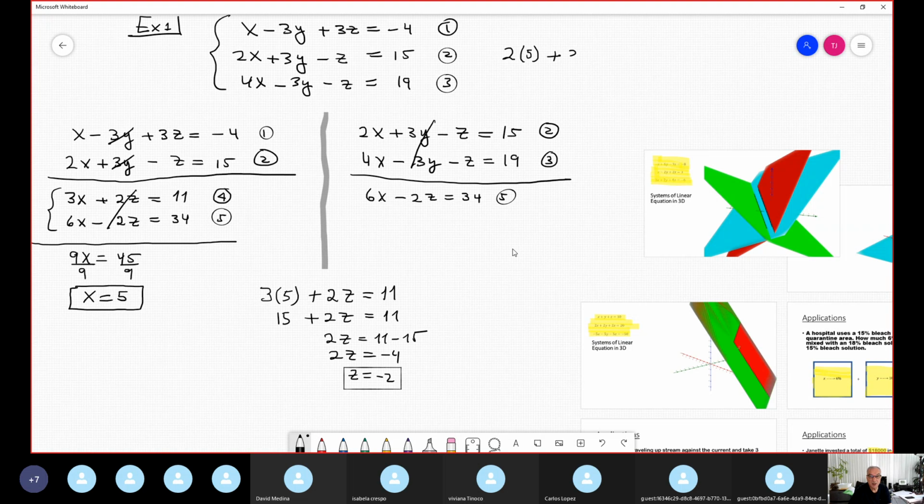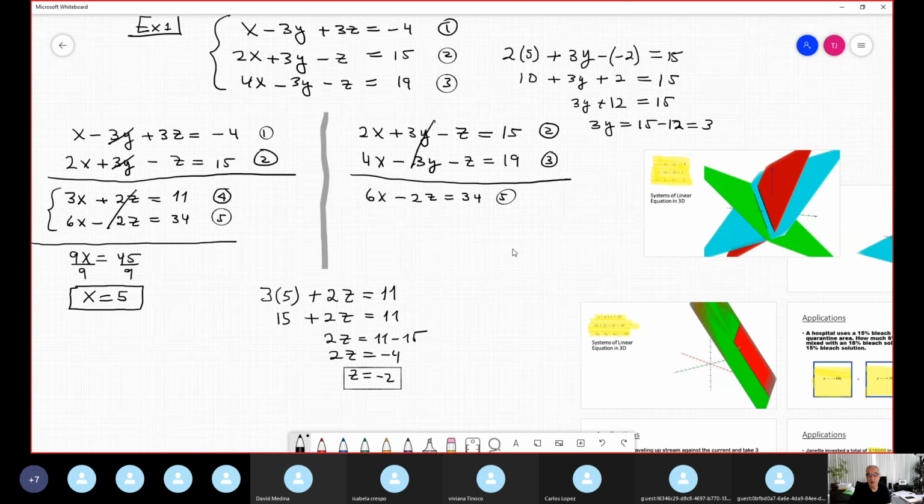Plus 3y, okay, I have no idea who is y, minus z, be careful with the sign, because the equation has minus here, and the value for the z is negative 2, so you have double negative, equal 50. Okay. This is 2 positive, double negative become positive. Combine like terms, 3y plus 12 equal 15. 3y is equal 15 minus 12, get 3. Now divided by 3, y is 1.